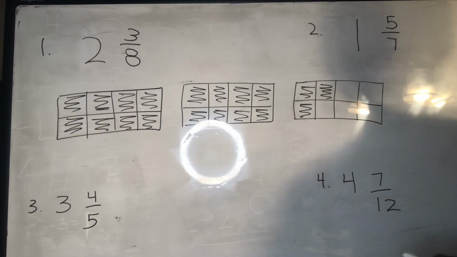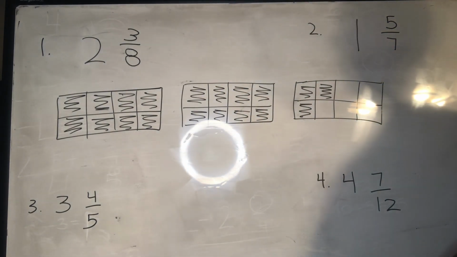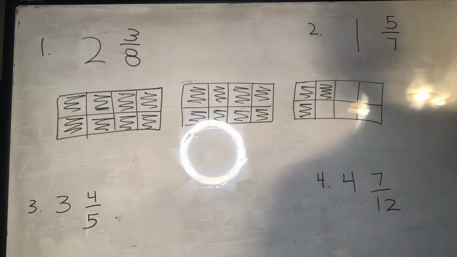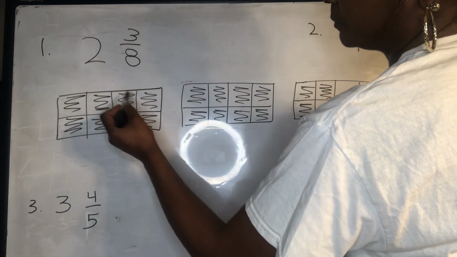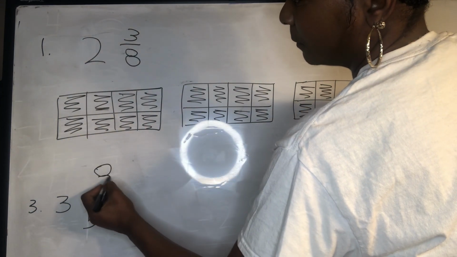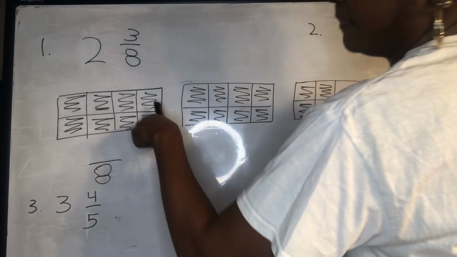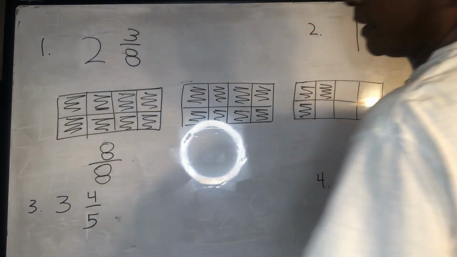Alright, so now that we have our diagram drawn, we are going to represent these as fractions. Like we said, the total pieces are 8: 1, 2, 3, 4, 5, 6, 7, 8. So our denominator will be 8. And they're all shaded in, so then our top number will be 8.